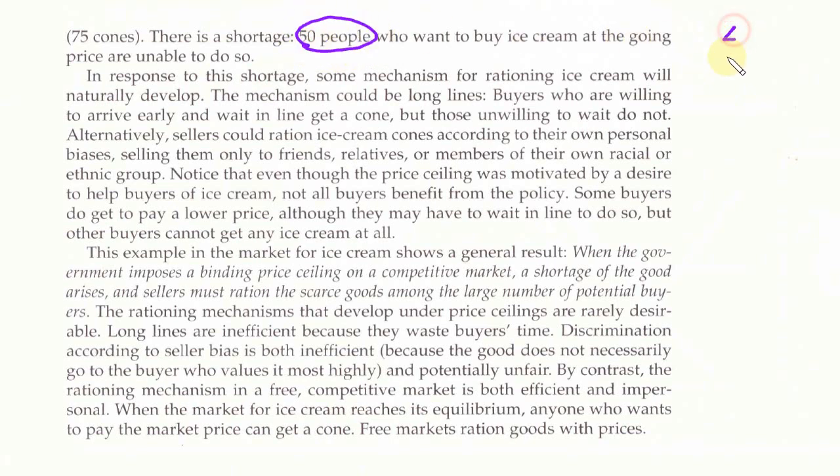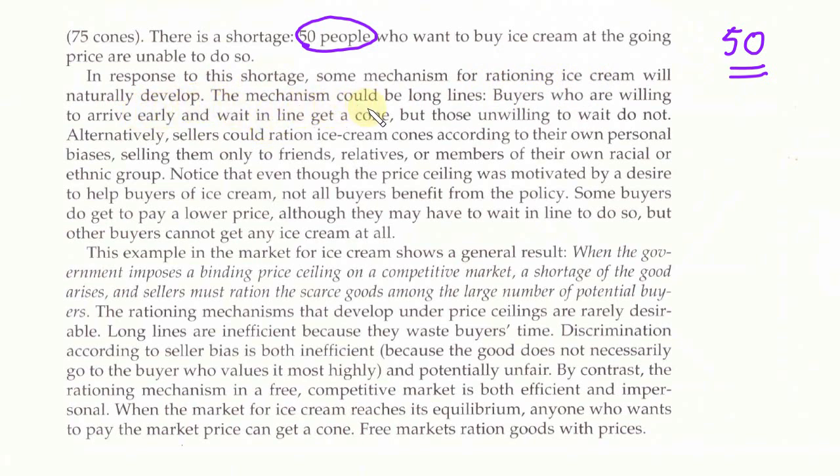Because of the shortage of 50 ice cream cones, 50 people cannot buy the ice cream cone. In response to this shortage, some mechanism for rationing the ice cream cone will naturally develop.